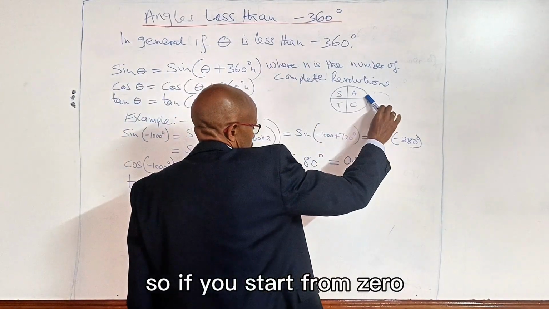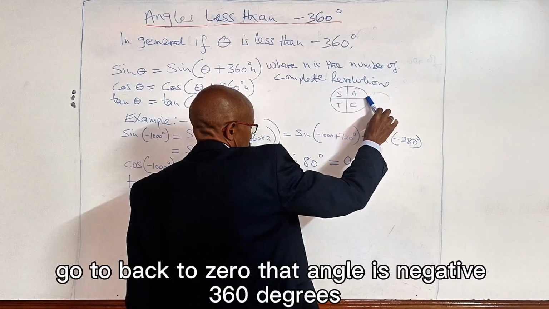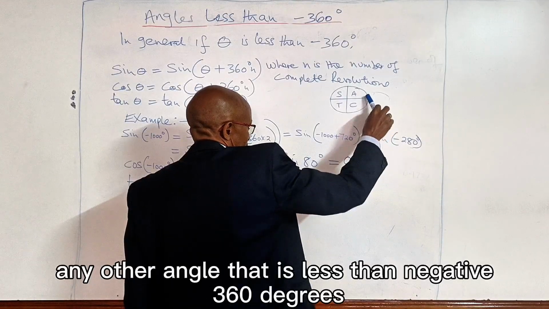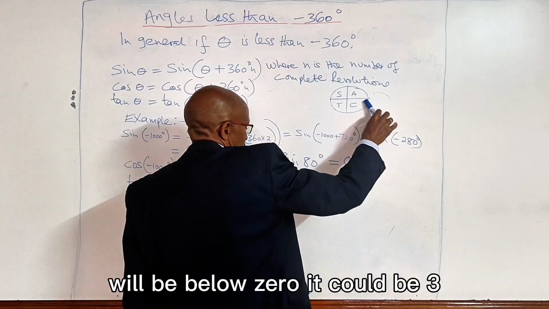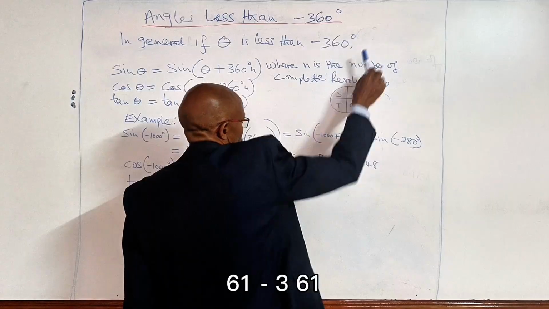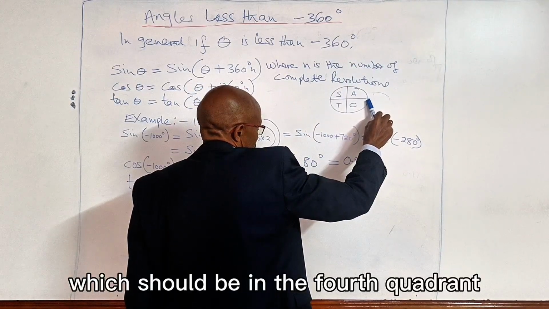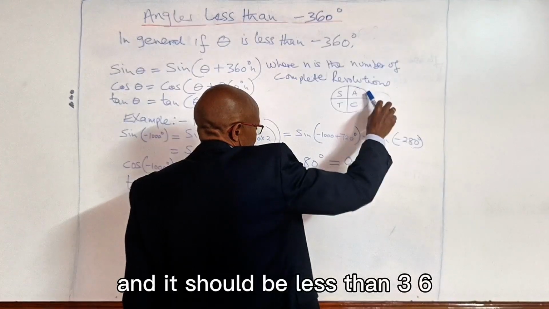If you start from 0, you make a complete revolution, you go back to 0, that angle is negative 360 degrees. So any other angle that is less than negative 360 degrees will be below 0 here. It could be negative 361, which will be in the fourth quadrant.